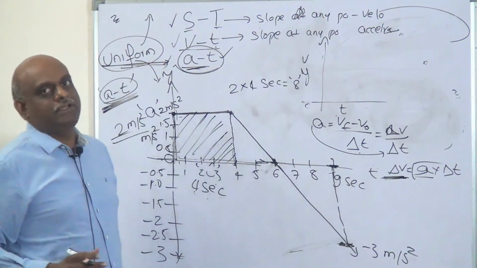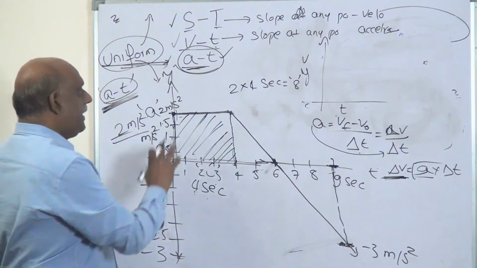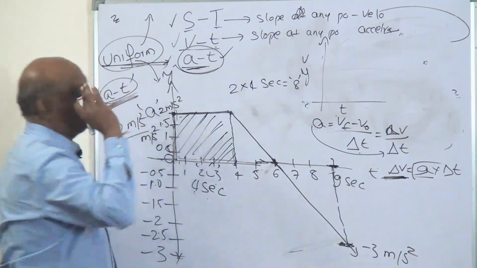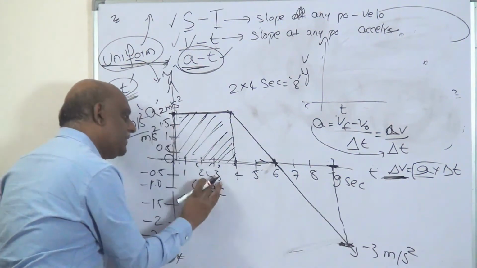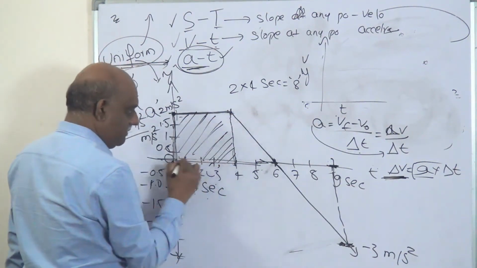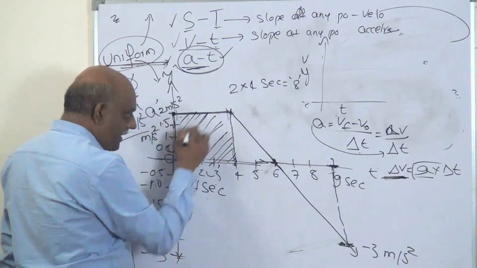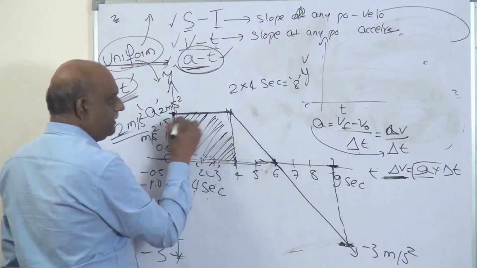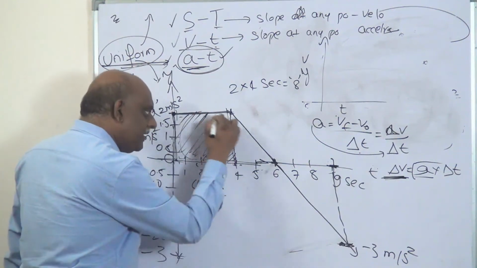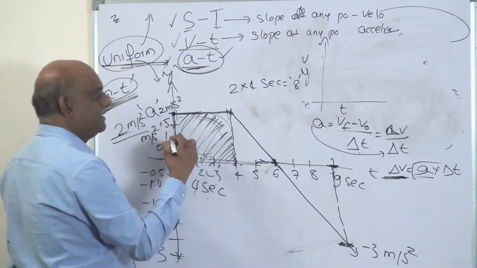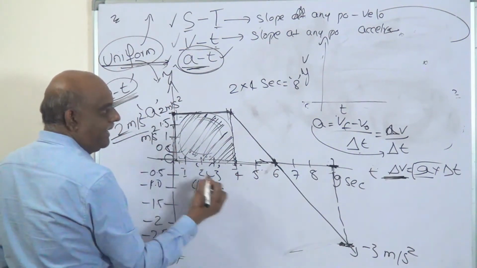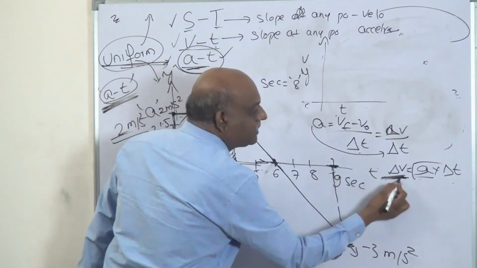So what is the whole purpose of the acceleration time graph? If you put acceleration on the y-axis and time on the x-axis, and depict the acceleration time graph, and you identified an area and calculated the area during this duration of time, the area of this location is A on the y-axis into delta t, which is equal to the change in the velocity.